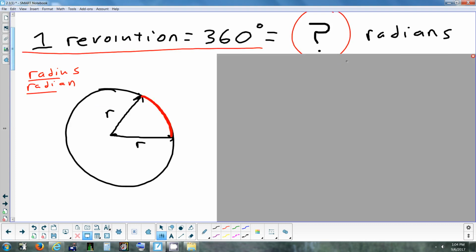So we've put that angle inside the circle. The initial side comes along the bottom, hits the edge of the circle right there. The terminal side comes out from the center, hits the edge of the circle right there. Does anybody know what that shape in red is, connecting those two dots?